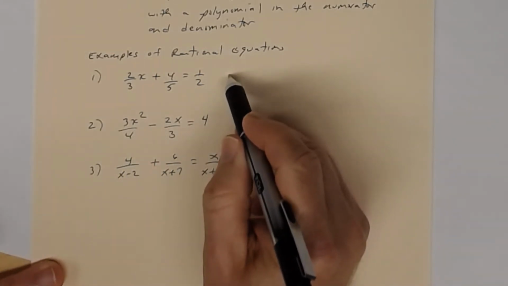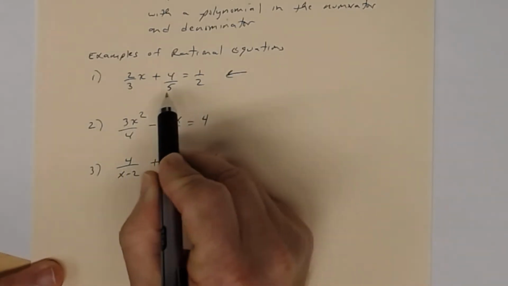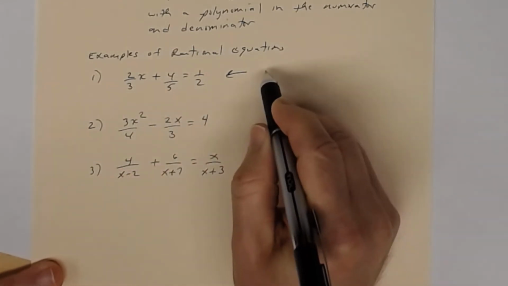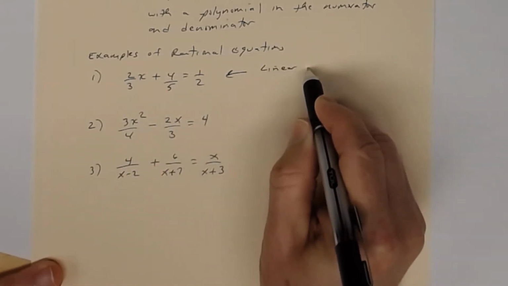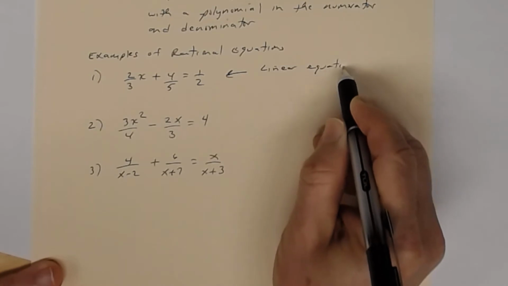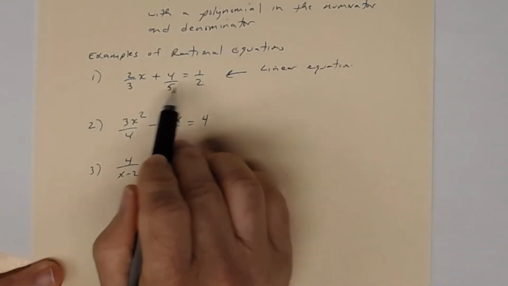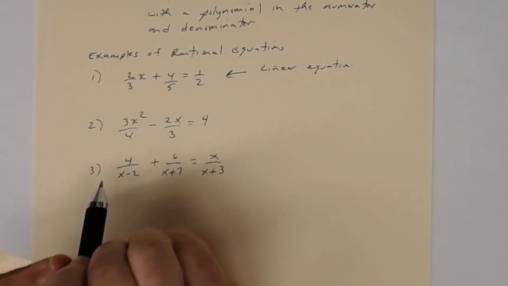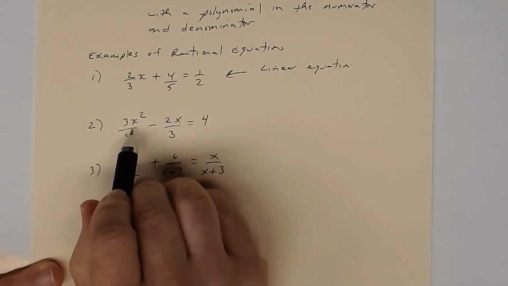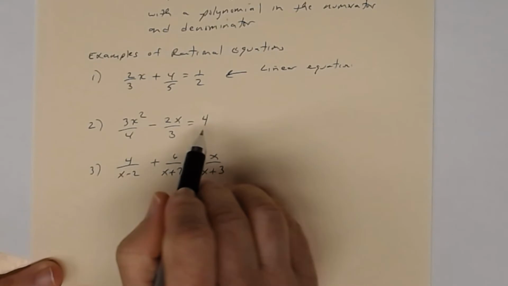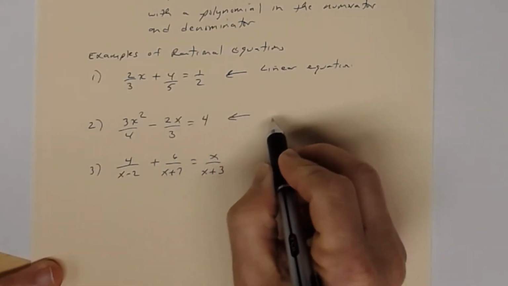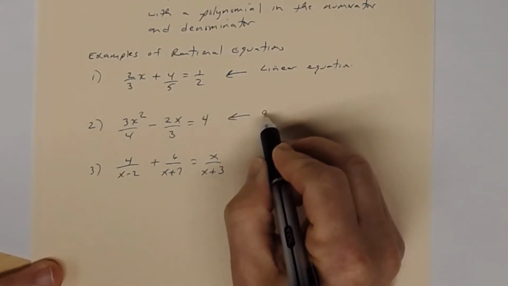In particular, if you think about it, we can also call this rational equation a linear equation. So that's a linear equation as well, because notice it has x to the first and your denominators are all constants. And over here, in this particular rational equation, this could be considered a quadratic equation.